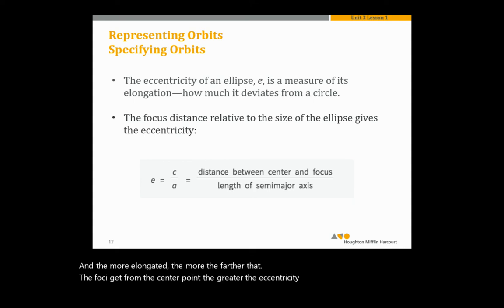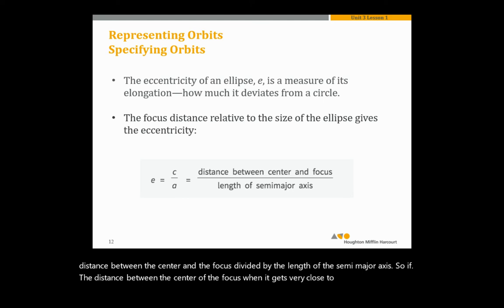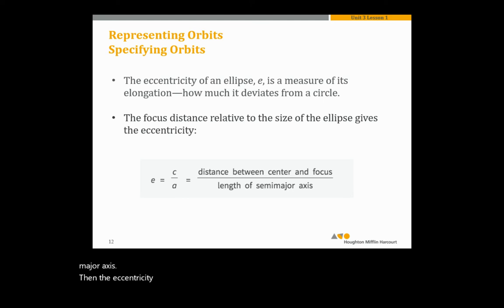Eccentricity is calculated as the distance between the center and the focus divided by the length of the semi-major axis. So when the distance between the center and the focus gets very close to the length of the semi-major axis, then the eccentricity gets very close to 1.